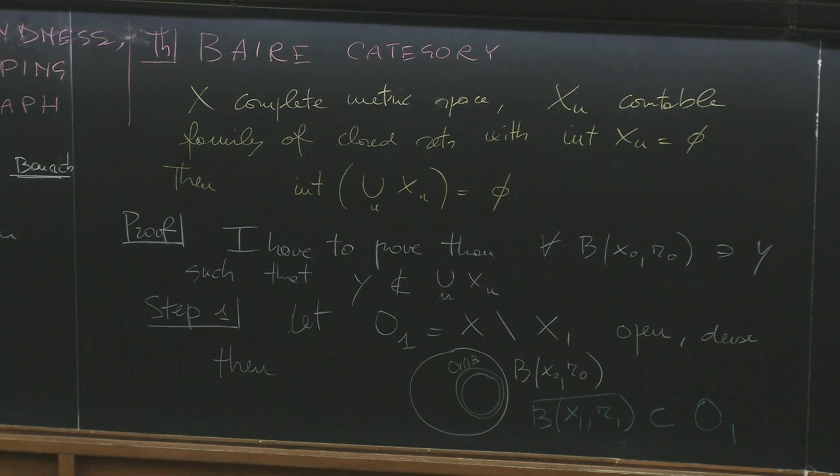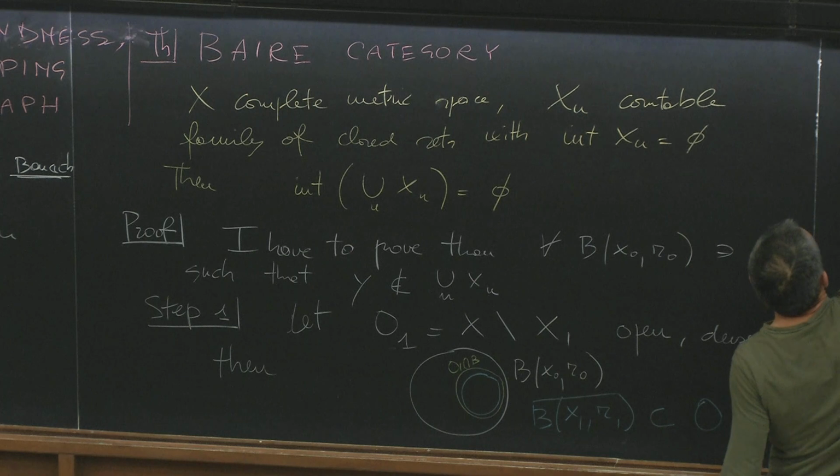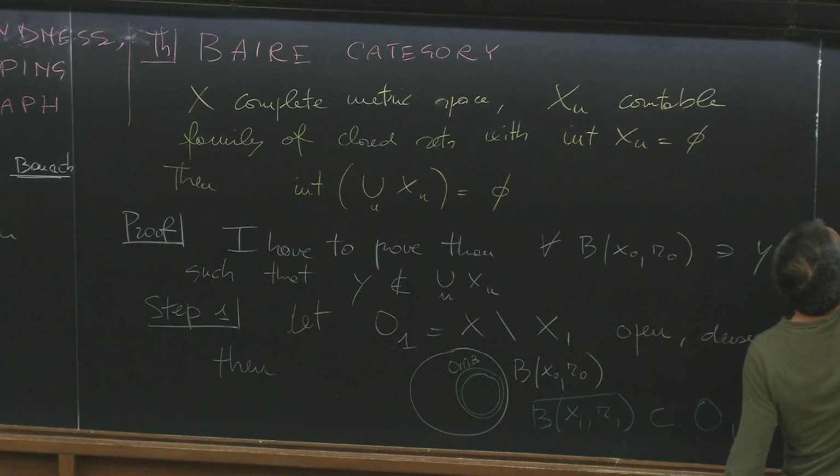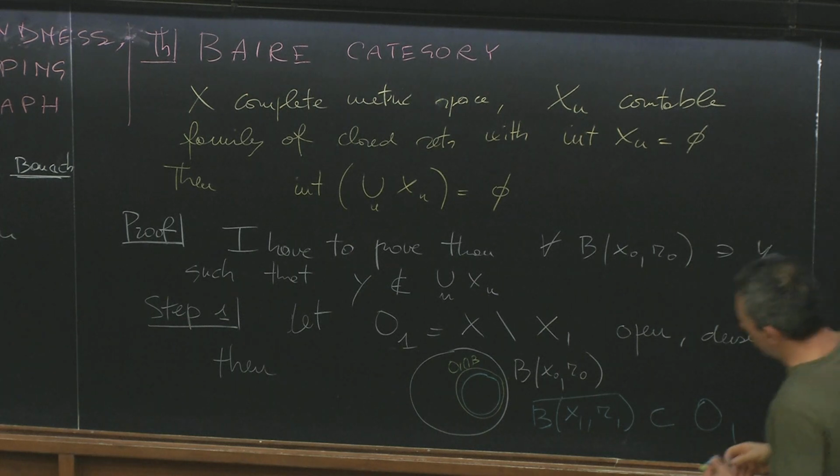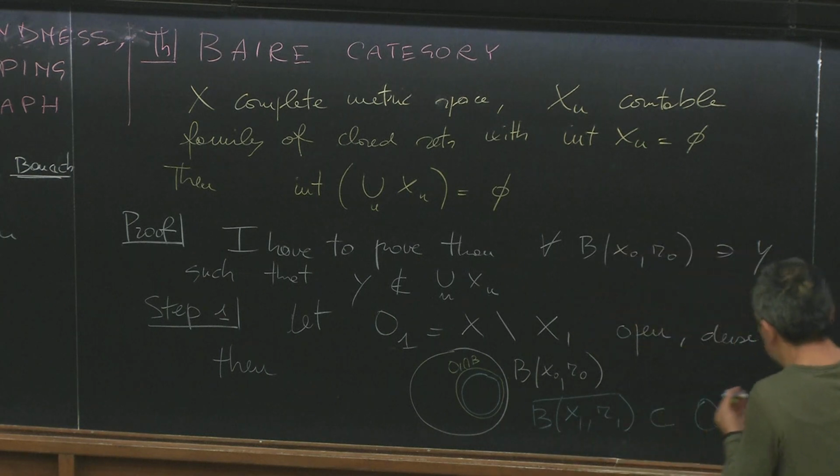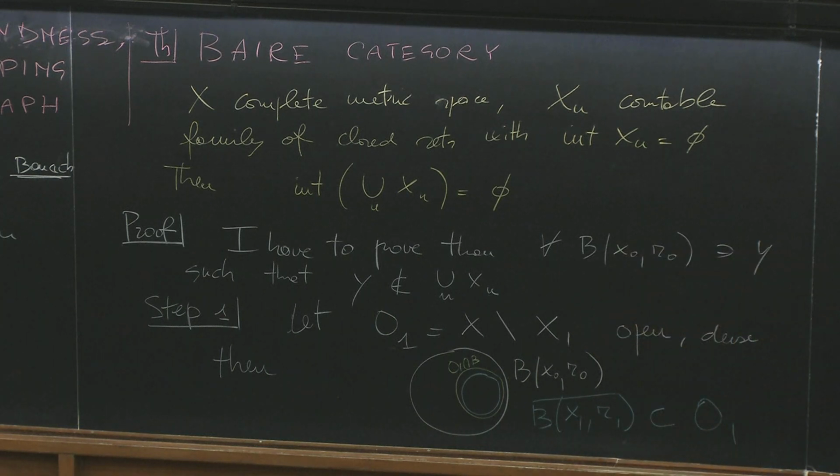Very well. Now repeat the same. Step 2. Now I'm looking inside the ball B1. Let O2 be X minus X2, which has empty interior, so I deduce it is open and dense.